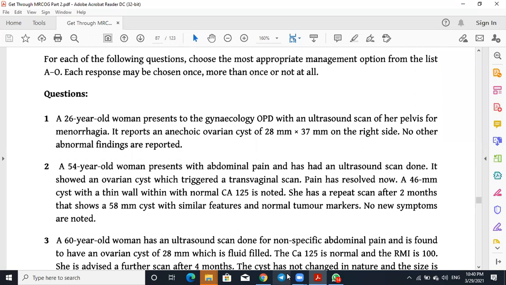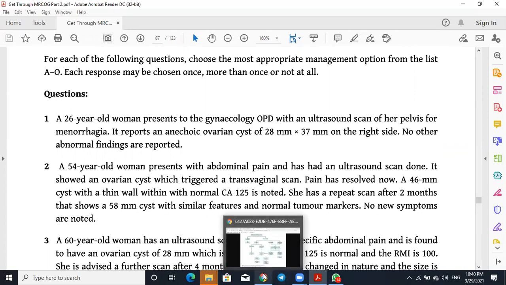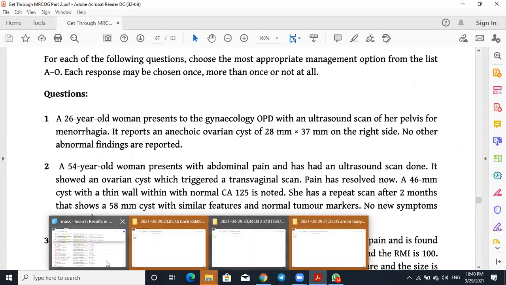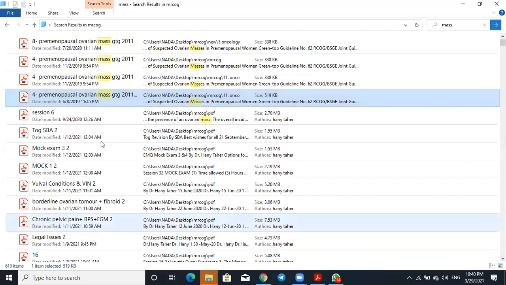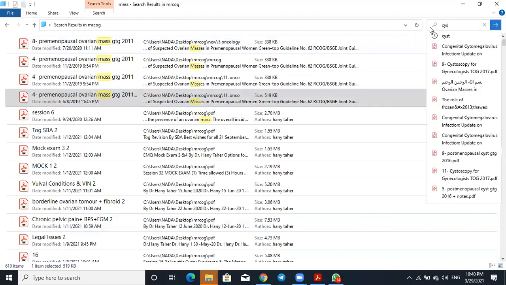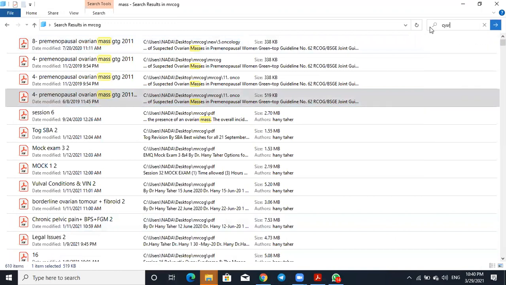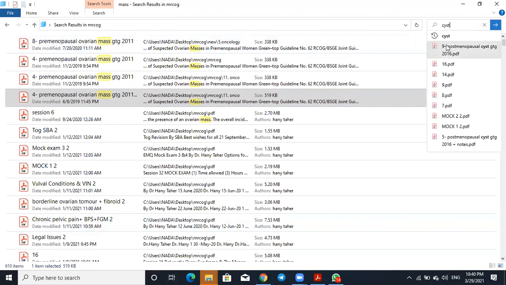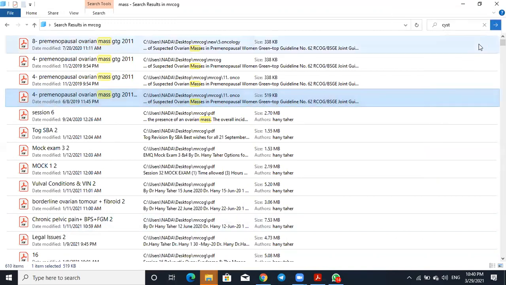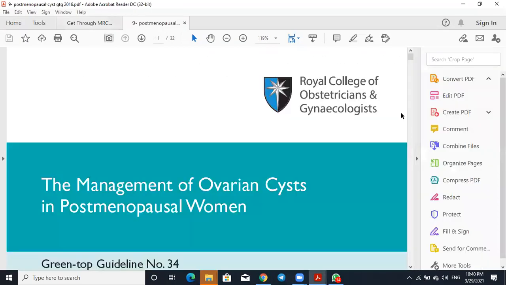What is the answer, please? Because it doesn't have any suspicious features, only there is an increase in size. The increase in size could be because of intracystic hemorrhage, because its tumor markers are normal and everything. So probably it's only going for ovarian cystectomy.